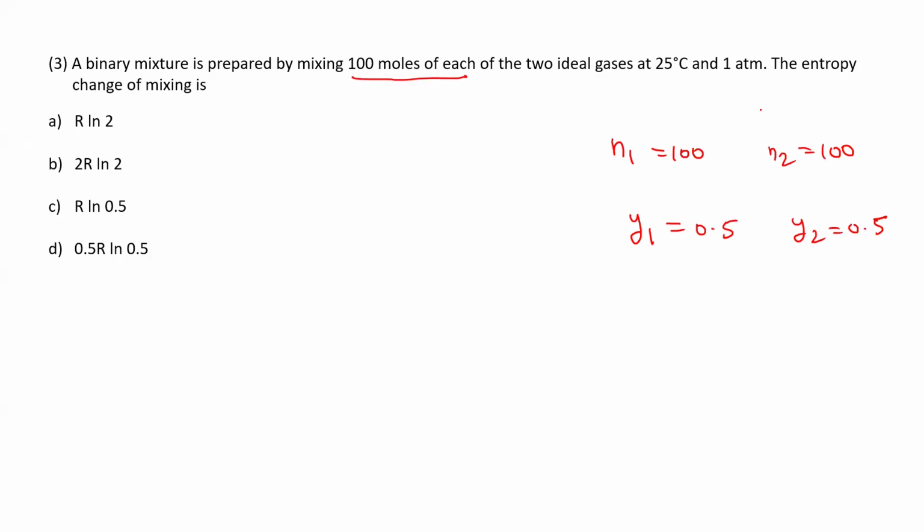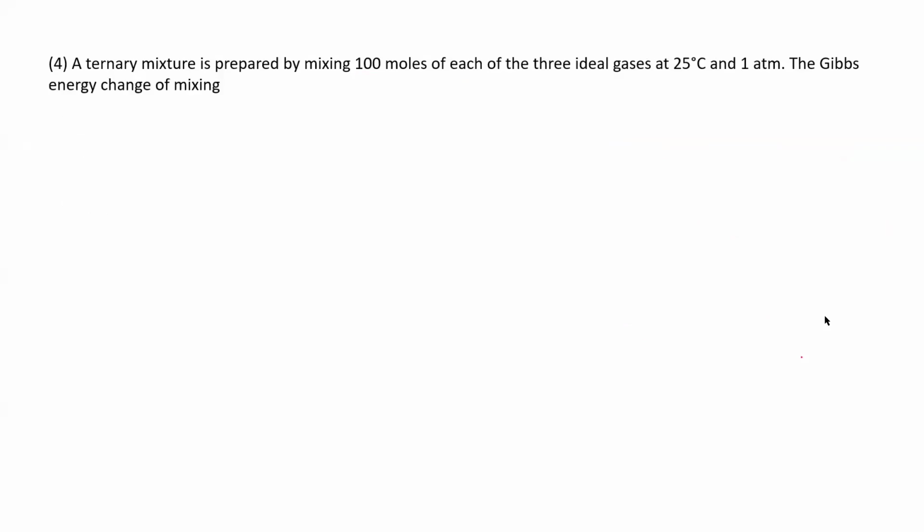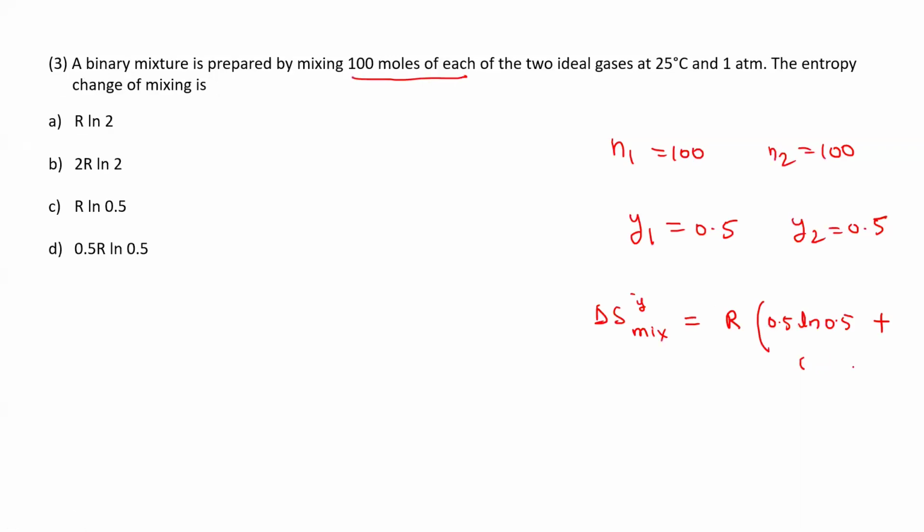The entropy change of mixing, delta S mix IG, equals R into sigma y_i ln y_i, so 0.5 ln 0.5 plus 0.5 ln 0.5. So this equals R into ln 0.5, since 0.5 plus 0.5 is 1, right?